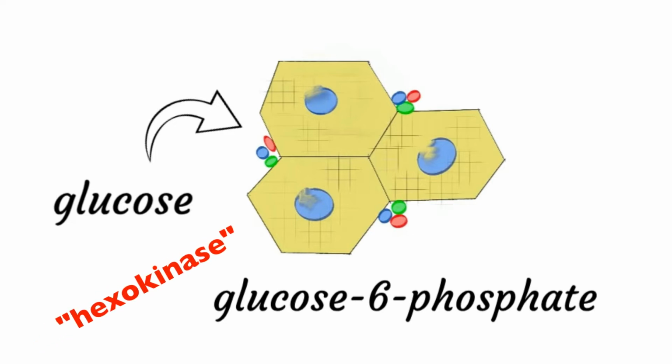Insulin will stimulate an increased rate of production of hexokinase, which will convert glucose immediately into glucose 6-phosphate upon glucose's entry into the hepatocyte. Once again, insulin is not needed for glucose to enter the hepatocyte.